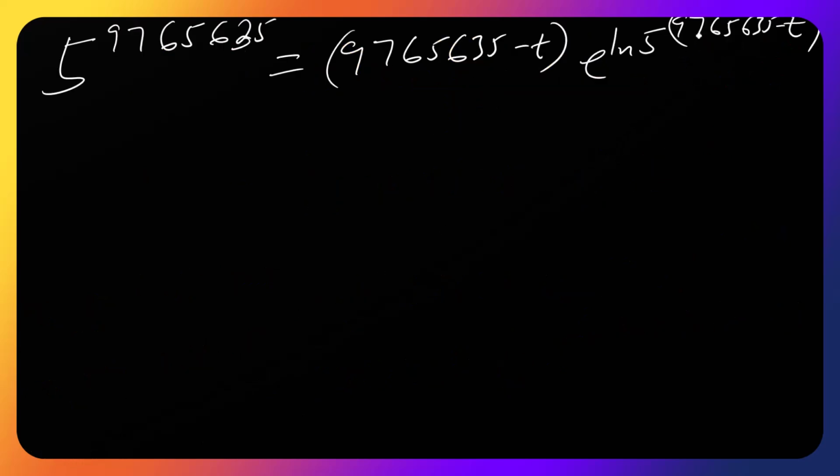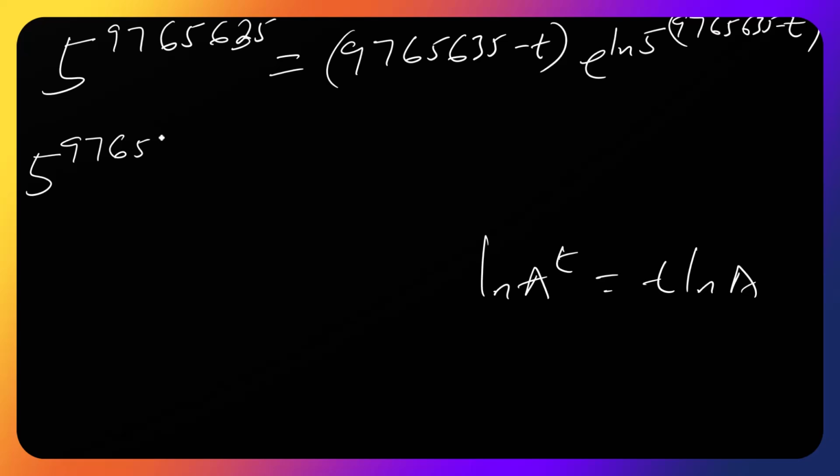Now this one will be the power rule. So ln of a to the power t will be t ln of a. So everything here will come behind. So my next step will be 5 raised to that 9765635 equals to 9765635 minus t.